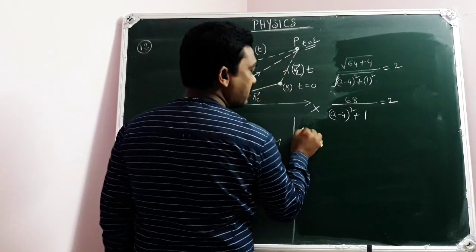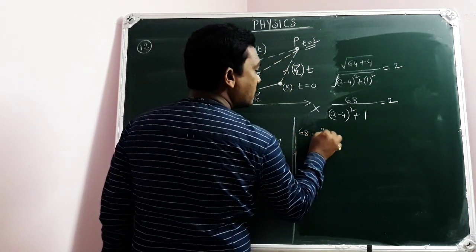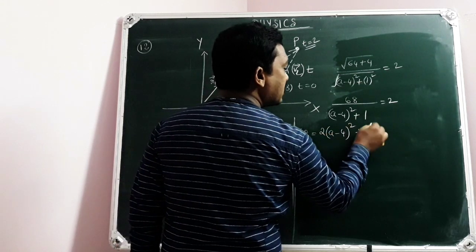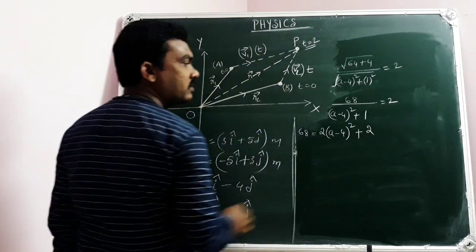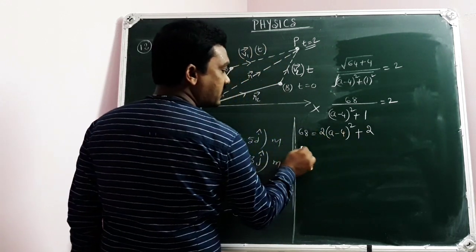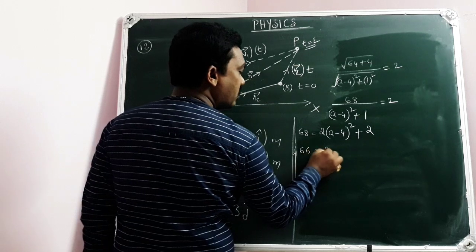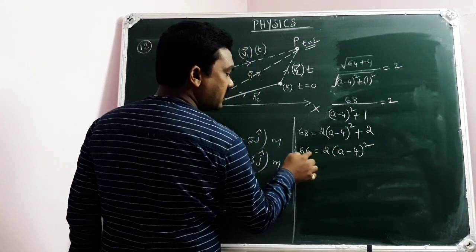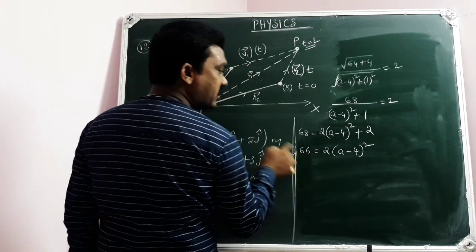Now do cross multiplication. 68 equal to 2 times a minus 4 whole square plus 2, ones are 2. On doing cross multiplication, 68 minus 2, 66, equal to 2 times a minus 4 whole square. 66 by 2.